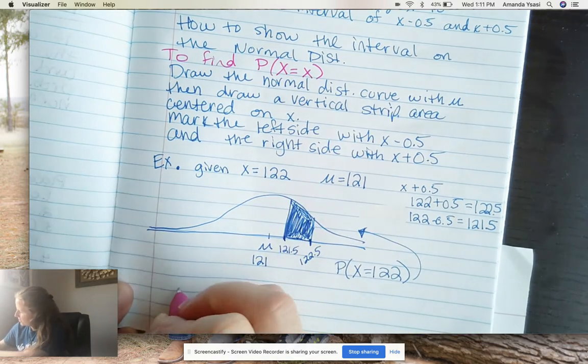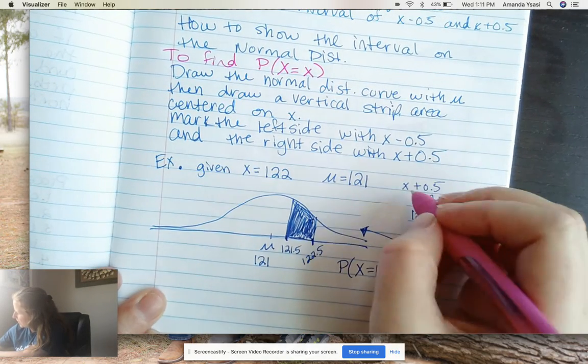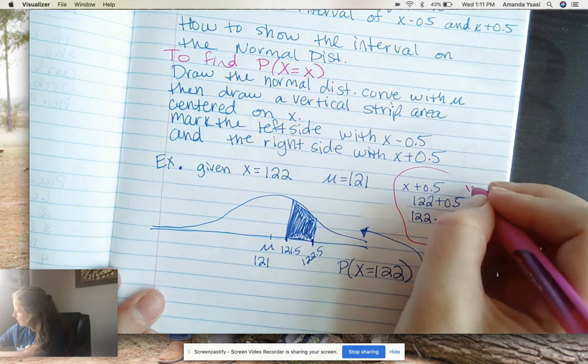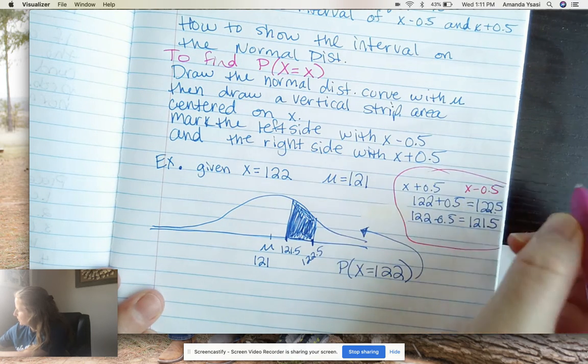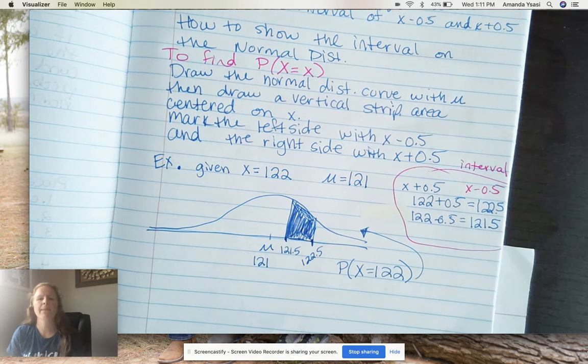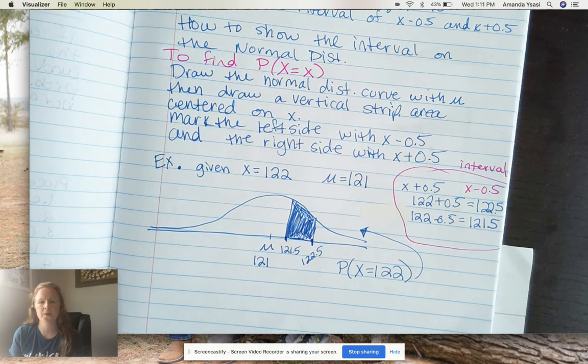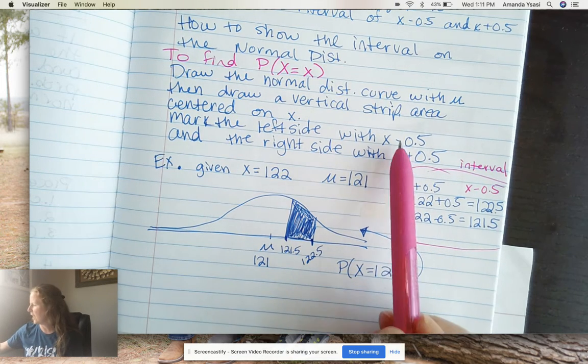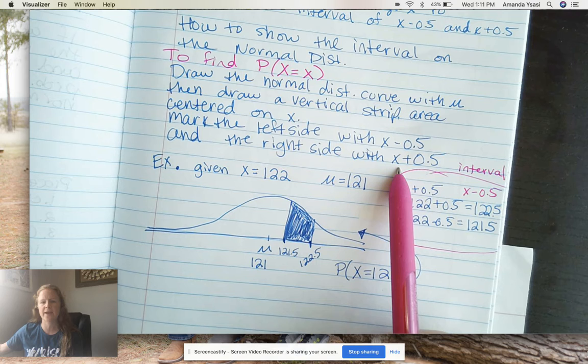So this is our interval, x minus 0.5. Draw the normal curve with mu, then draw a vertical stripe area centered on x. Mark the left side with x minus 0.5 and the right side with x plus 0.5.